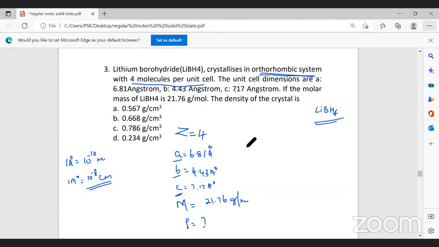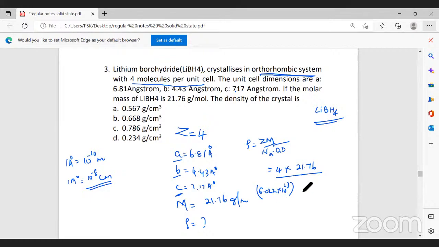Now you tell me, what is density? Density is equal to Z M by Na into A cube. So Z we know is given as 4 and M they have given 21.76. Na is 6.022 into 10 power 23, Avogadro's number. Now what is this A cube?